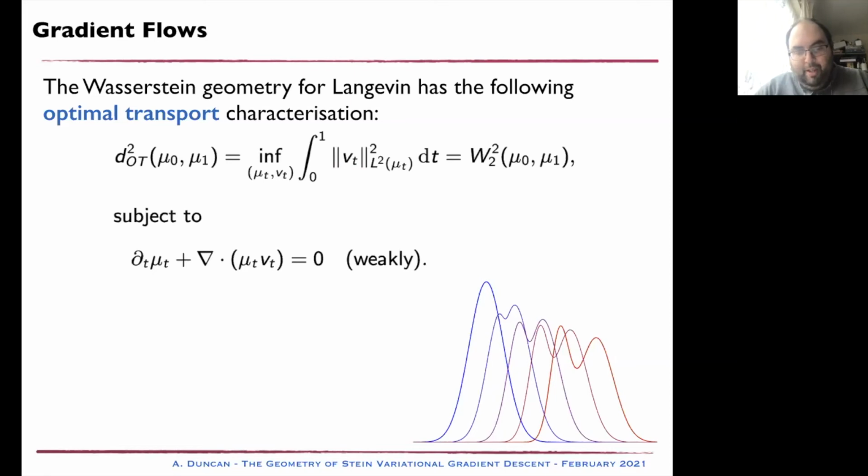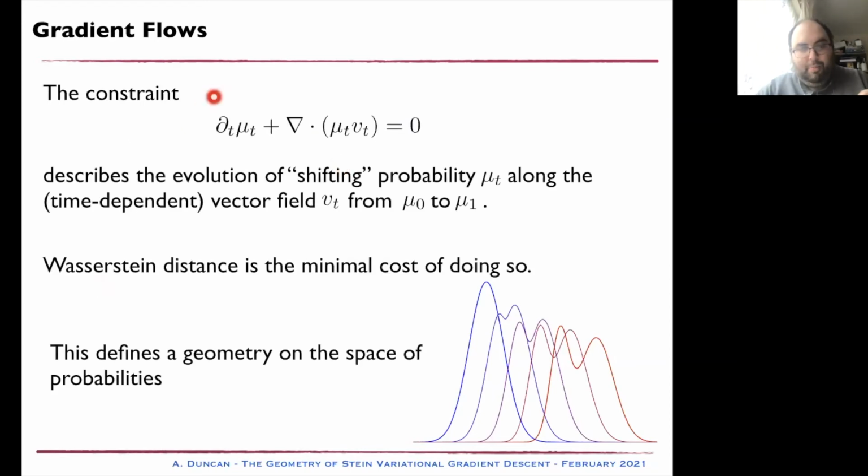The constraint that we have is that mu_t is an associated trajectory of measures such that mu at t equals 0 is mu0 and mu at t equals 1 is mu1. And what this constraint describes is the evolution of probability from mu when t equals 0 to mu when t equals 1, pushed along by this vector field V_t.